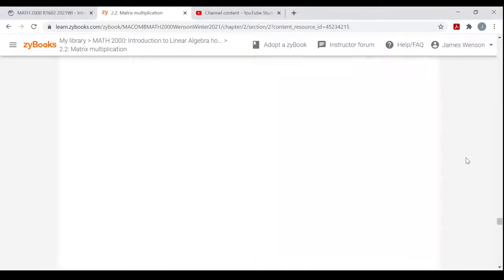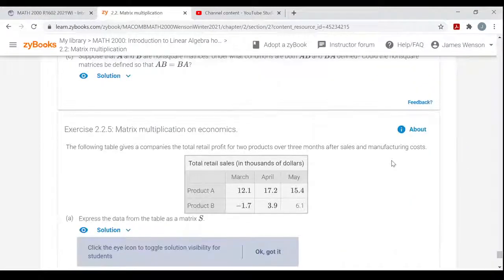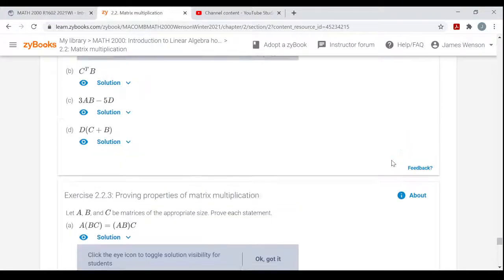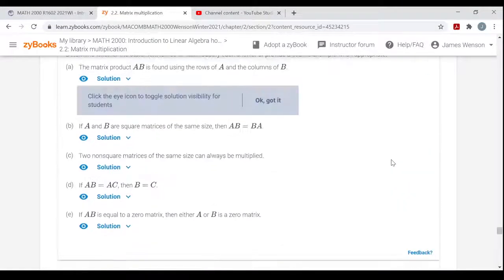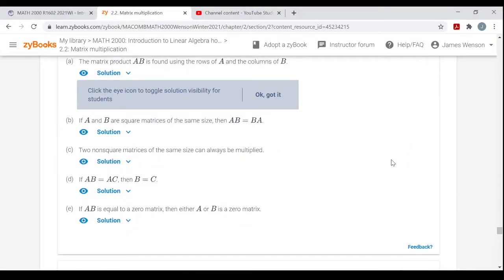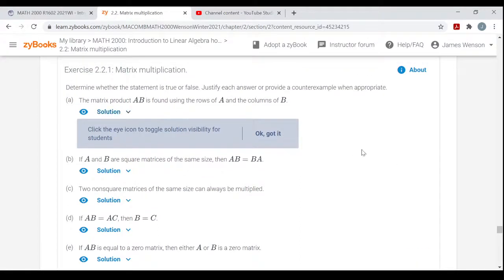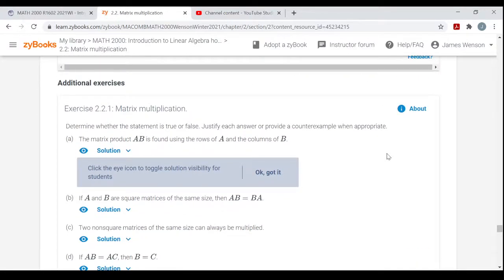All right, so then again, at the very end, you have additional exercises. Some of these are on your assignment 3. You have the solutions available to check yourself. Again, please, I'm looking to see that you're doing work, not just writing solutions. Please try to do these things. I say this almost every video.